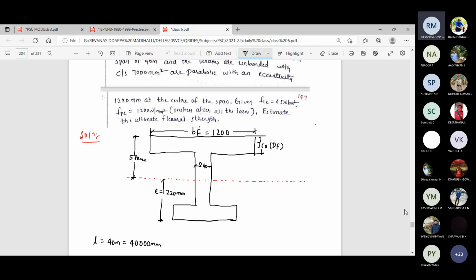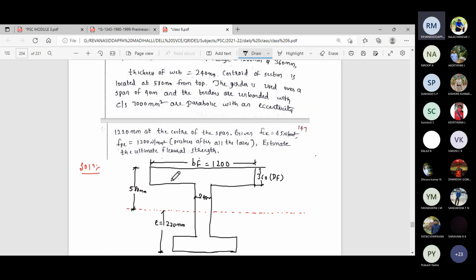And he says that the distance of centroid is located at a distance of 580 mm from top fiber.